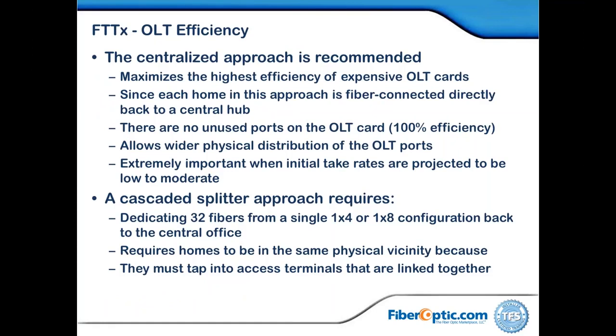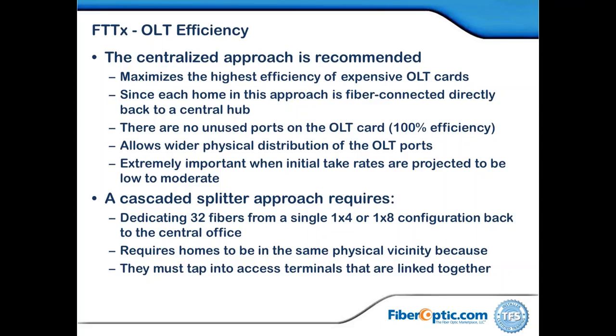Now, passive optical networks use a combination of splitters. That basically says that a single fiber optic cable coming out of the central office can feed at least 32 individual homes by way of a passive optical splitter.